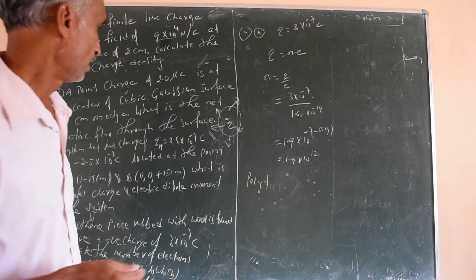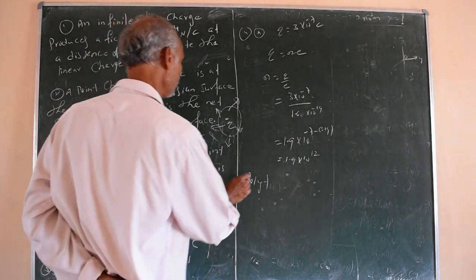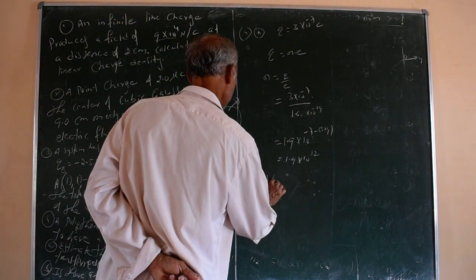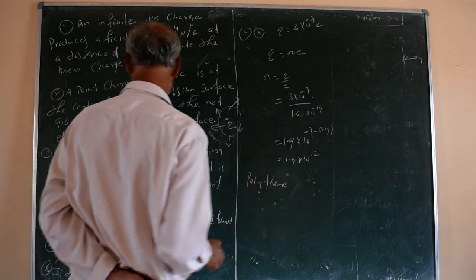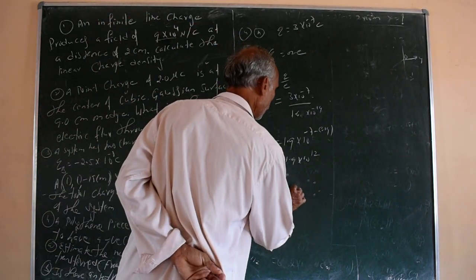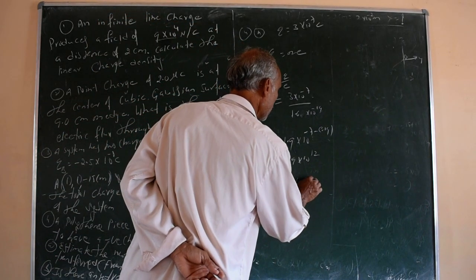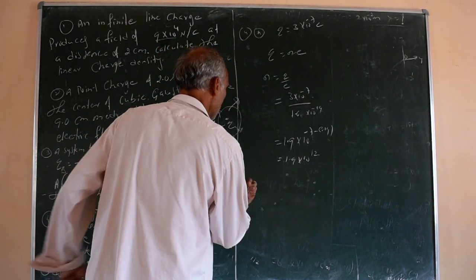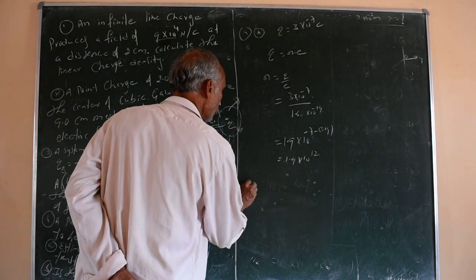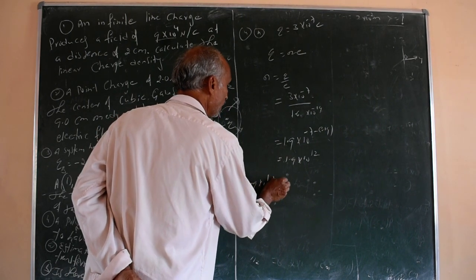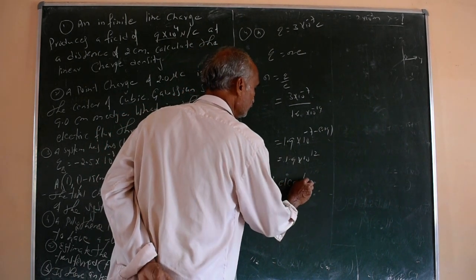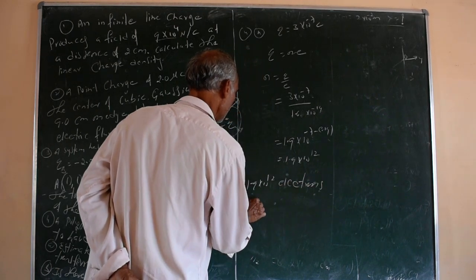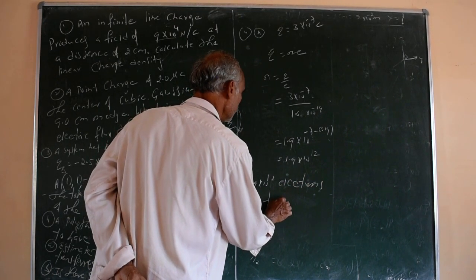From wool. How many electrons? 1.9 x 10^12 electrons are transferred.